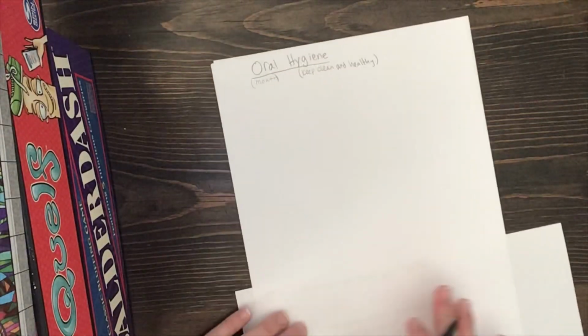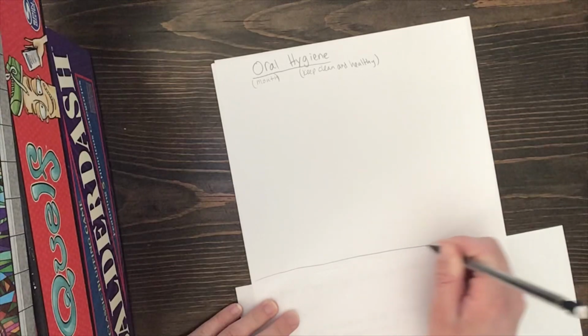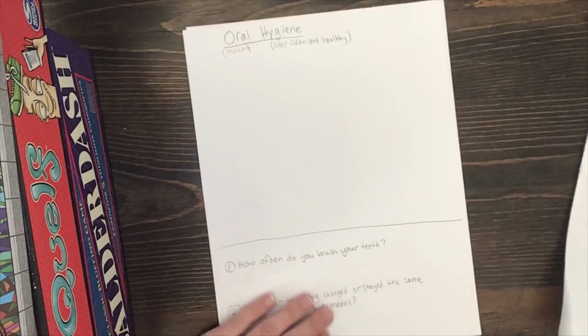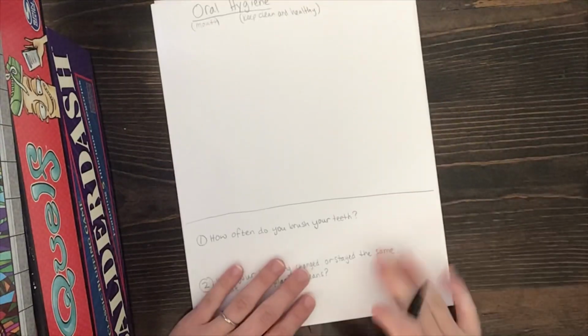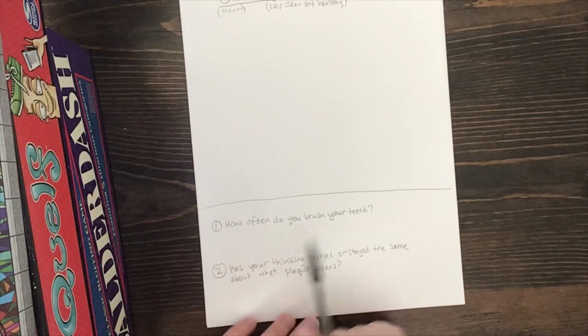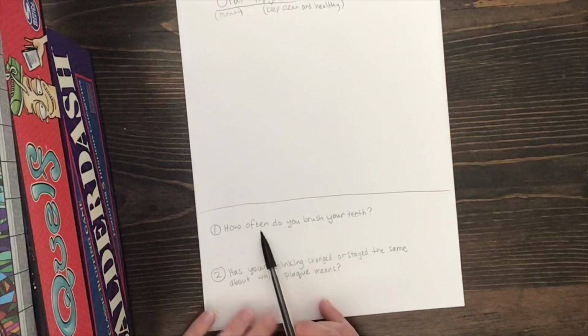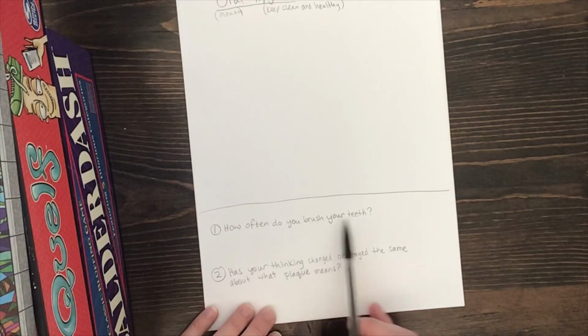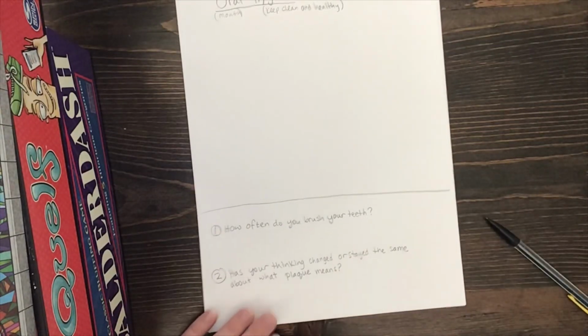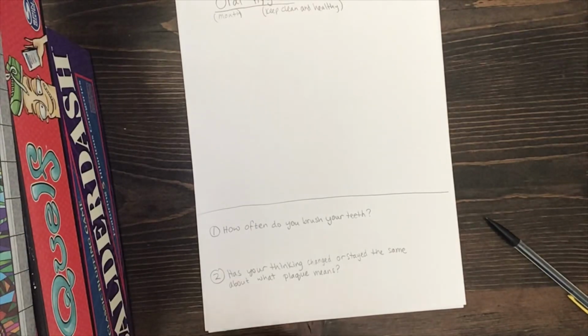Well, after you do that, draw a line down towards the bottom, because this is where you're going to answer the questions. Remember, there are two questions we're going to answer. Let's read the first one together. Ready? Read. How often do you brush your teeth? Now, you are going to answer that by writing a sentence.